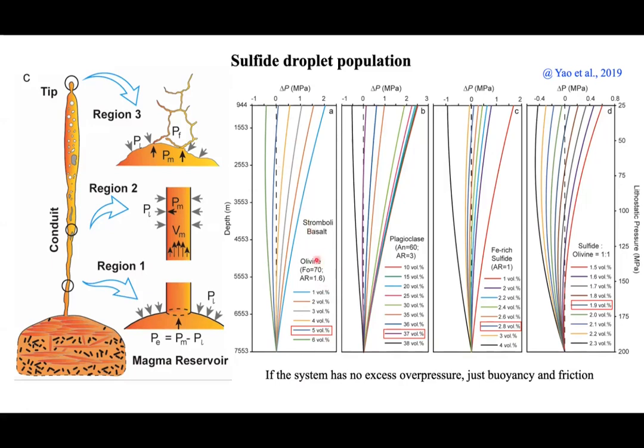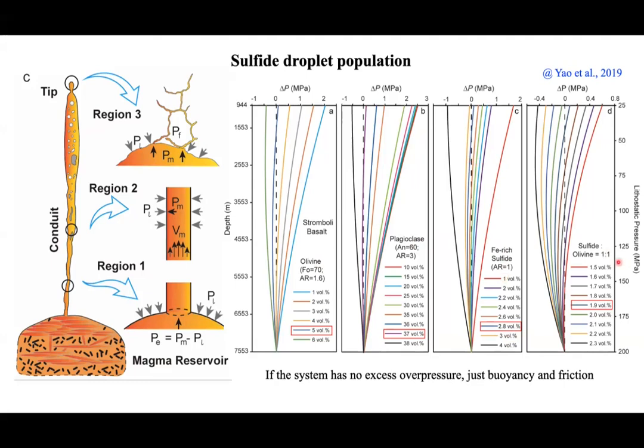And if this olivine is changed to plagioclase, because plagioclase has a much lower density, this basalt can carry about 33% of plagioclase. And if we think about the sulfide, because sulfide is denser than olivine, it can carry only about 2.8 volume percent of sulfide for upward transport.